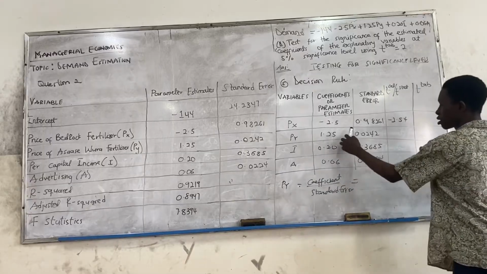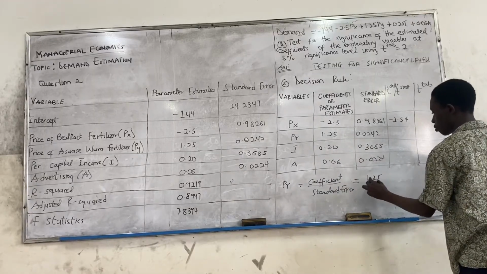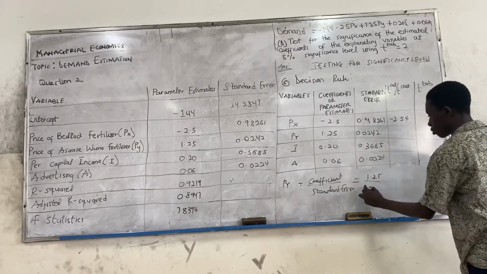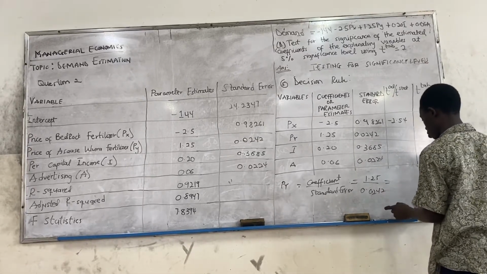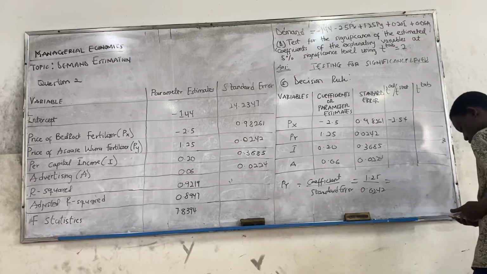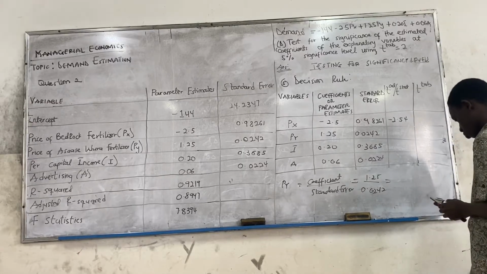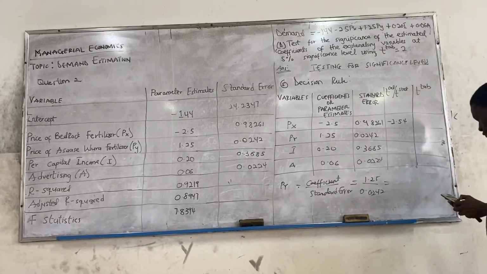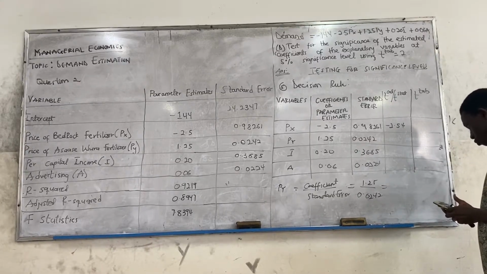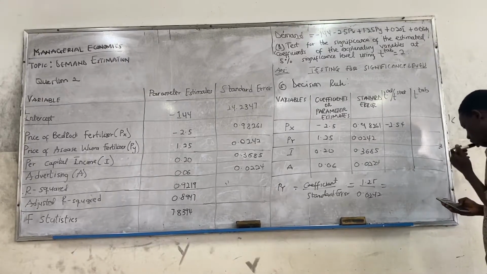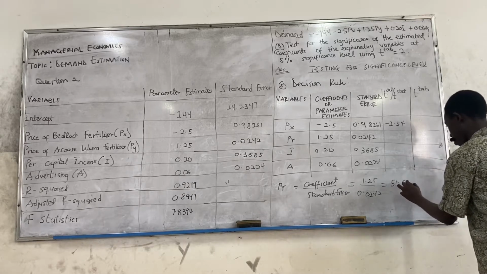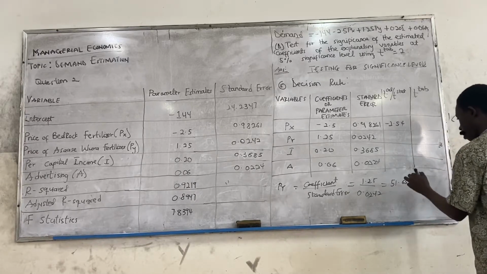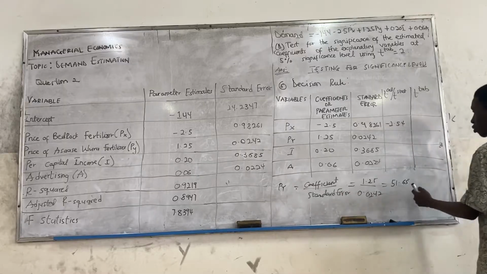Moving on to PY: coefficient 1.25, standard error 0.0242, so PY is 51.65.